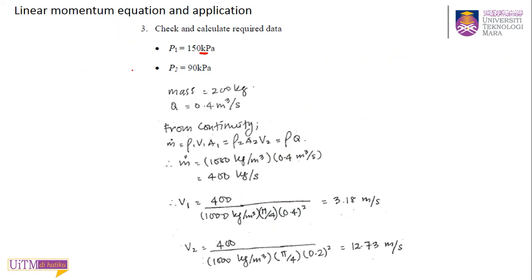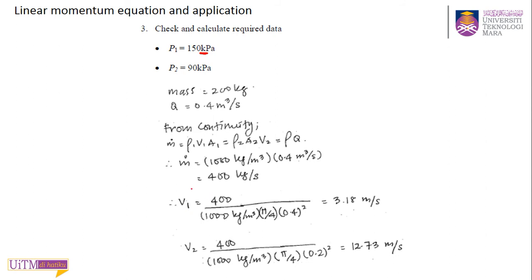And from the continuity equation you can find the m dot, the mass flow rate, because you have the mass and you have the Q. So rho times Q will be equal to m dot. This will be 400 kilogram per second.